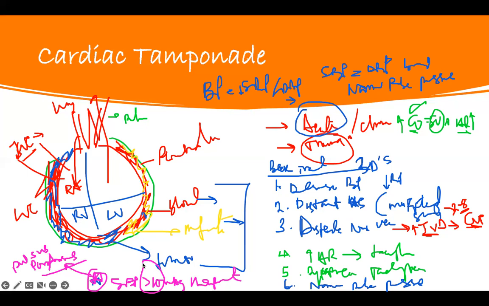But then there is compensation, which is an increase in heart rate, tachycardia, and dyspnea. They will have a narrow pulse pressure because systolic starts to become closer to the diastolic pressure, and then they will have pulsus paradoxus, which is the systolic blood pressure dropping by 10 with inspiration. So this is all you need to know in terms of the presentation of cardiac tamponade.